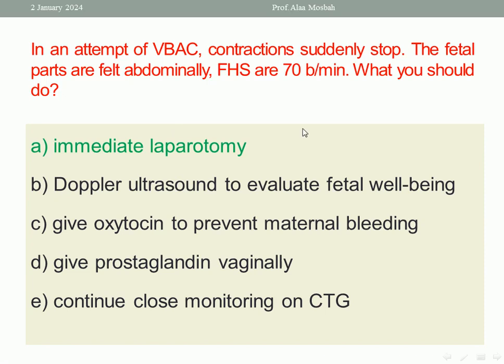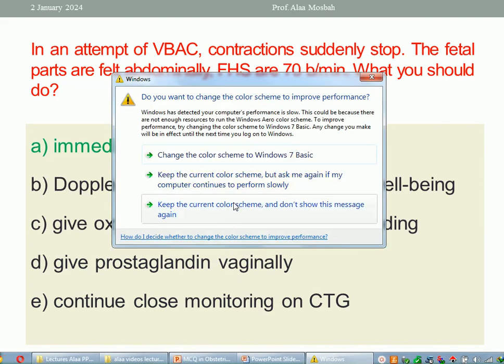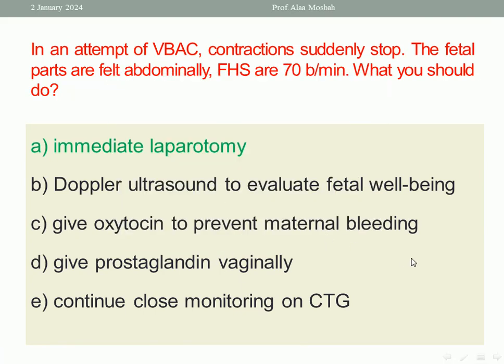This is happening with uterine rupture, and severe bradycardia of the baby. Fetal parts felt abdominally, easily. So all these are signs of uterine rupture. So immediate laparotomy, this is an emergency situation. So the one best response here is immediate laparotomy.